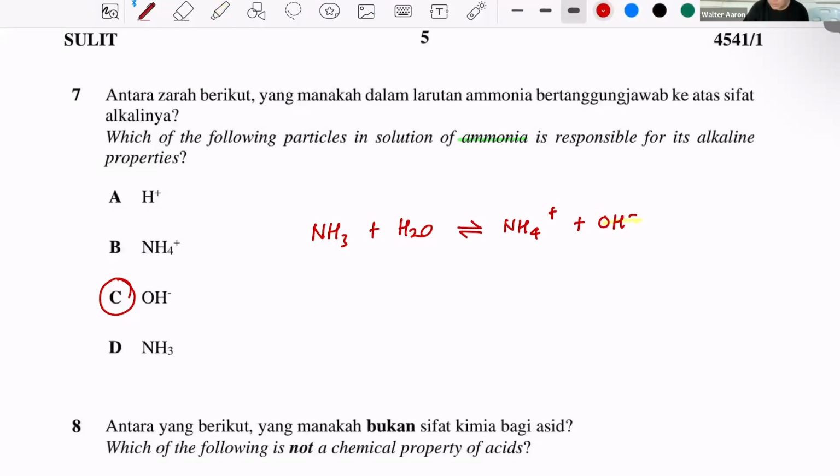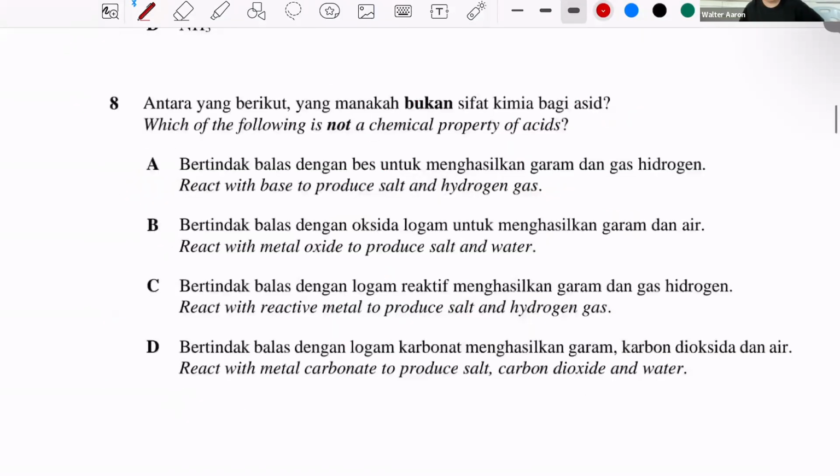Same goes for any other bases. For example, you have sodium hydroxide, which can undergo dissociation in water to produce Na plus and also OH minus. So that gives you an idea that you technically have the OH minus as the source of alkaline properties. Let's move on to 8.